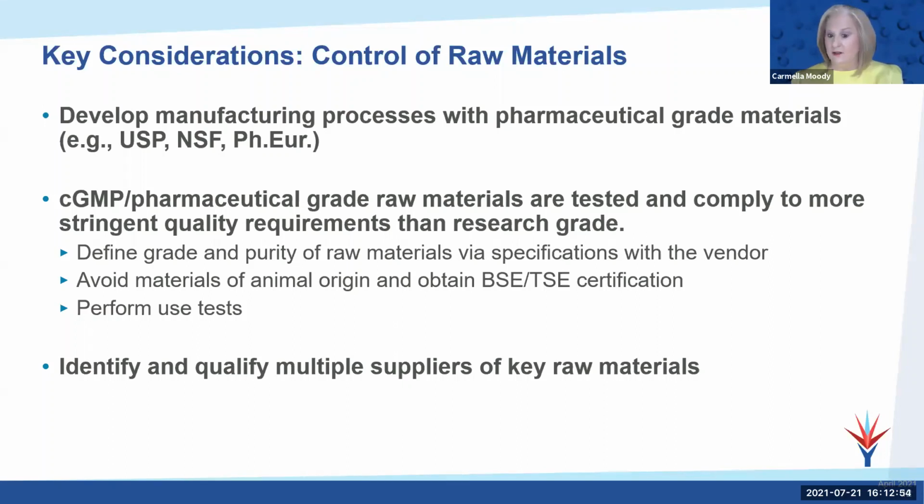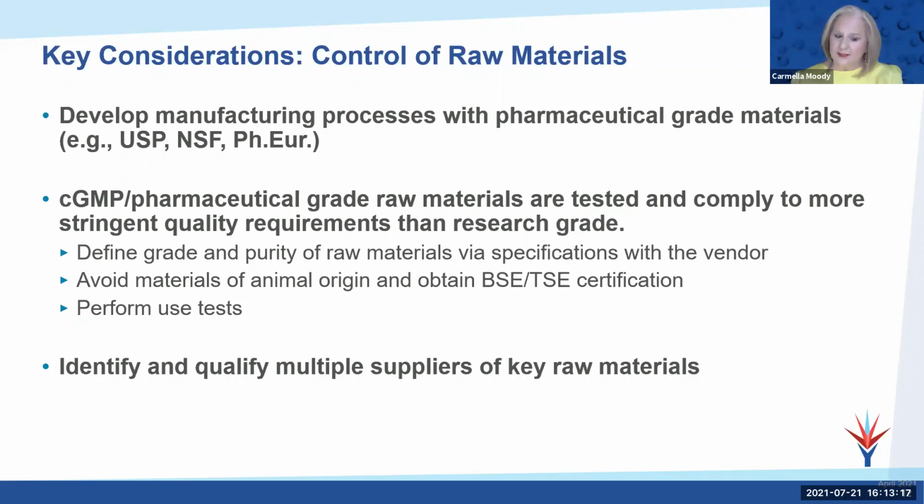And again, especially for biologics programs, you will likely want to perform use tests. And what I mean by that is define the basic parameters that the raw material needs to meet to be able to function appropriately in your manufacturing process.